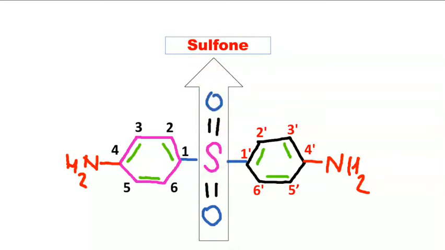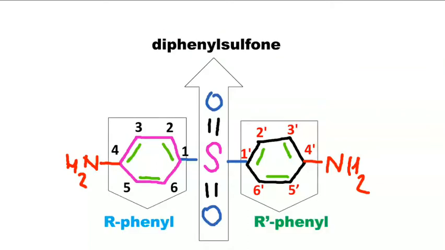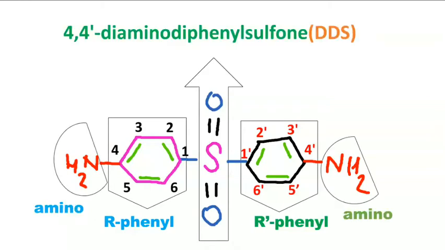Then you have to identify the other substituents present in the structure, which are the phenyl groups. There are two phenyl rings, which I have given as R phenyl and R dash phenyl. You have to remember that. The name for this remaining structure is diphenyl sulfone. The rest is the amine group, present on the 4th position and the 4 dash position.